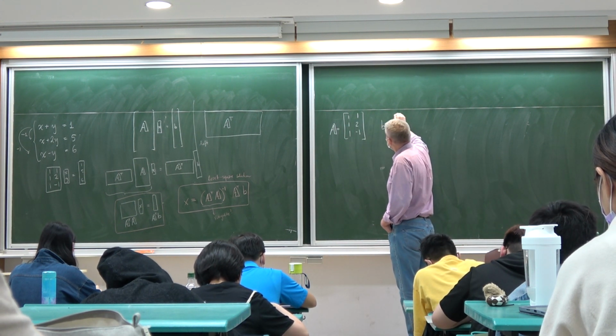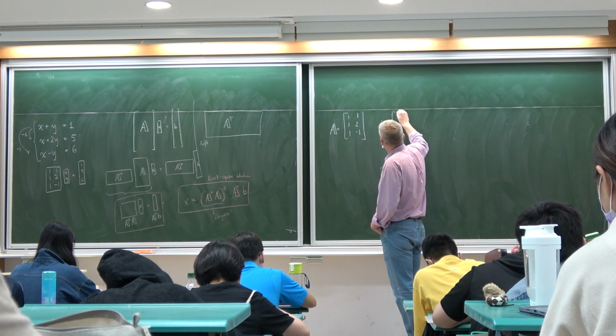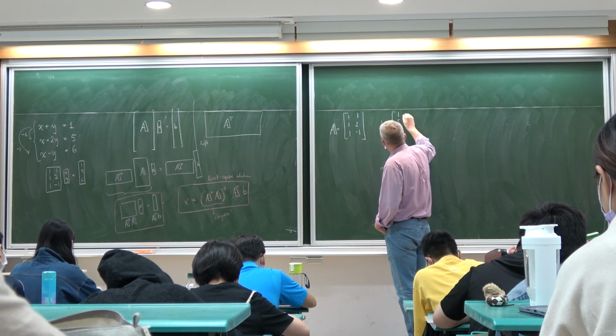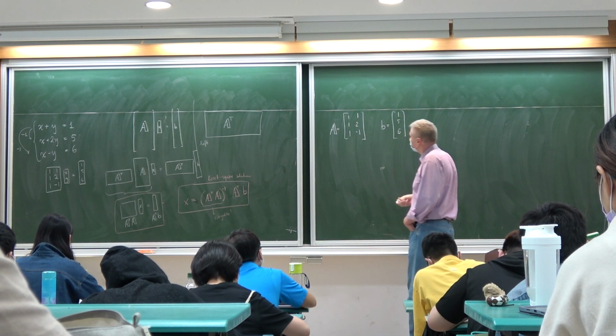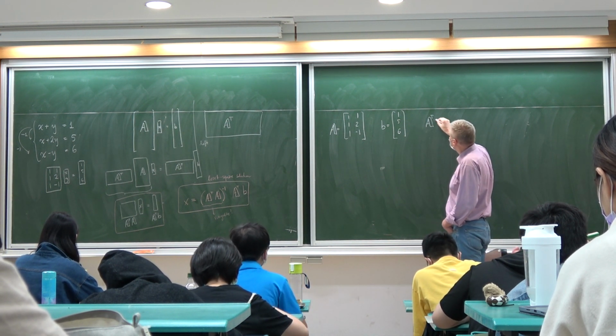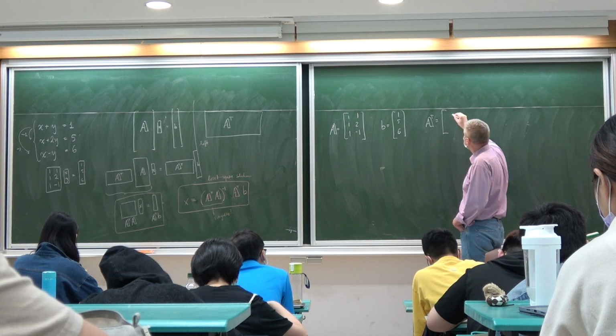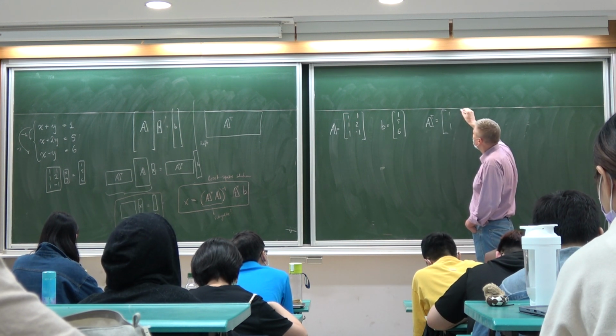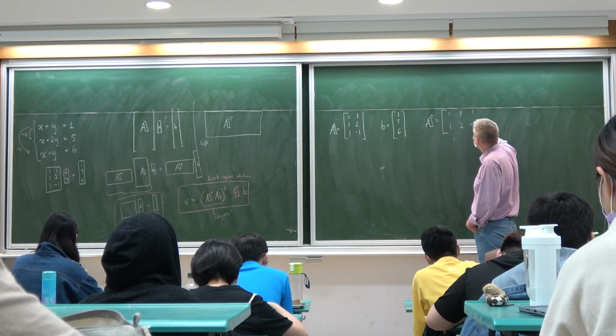B is equal to 1, 5, 6. A transpose is equal to 1, 1, 1, 2, 1, minus 1.